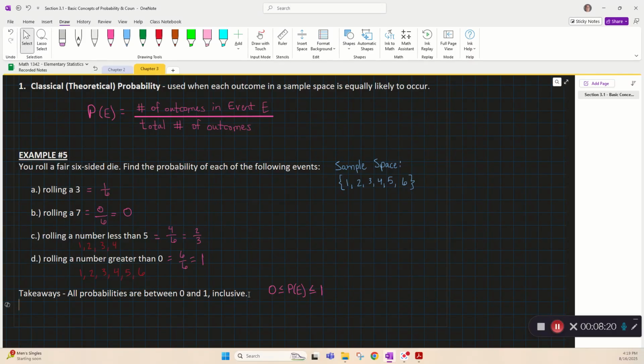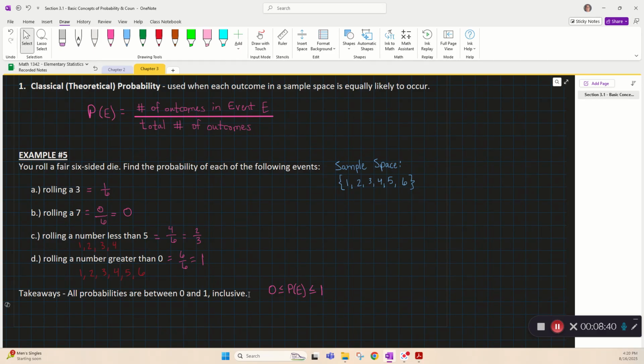Another takeaway. We know a simple event is one with just one outcome, but we have more. We have two different types now of events, now that we know some about probability.